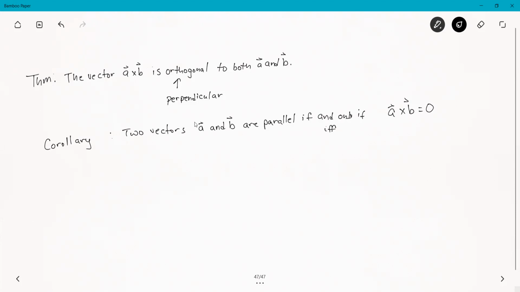So what that's saying is, if these vectors are parallel, that can only happen if the cross product is equal to 0. Okay. Now, please do page 717, 1 through 14.